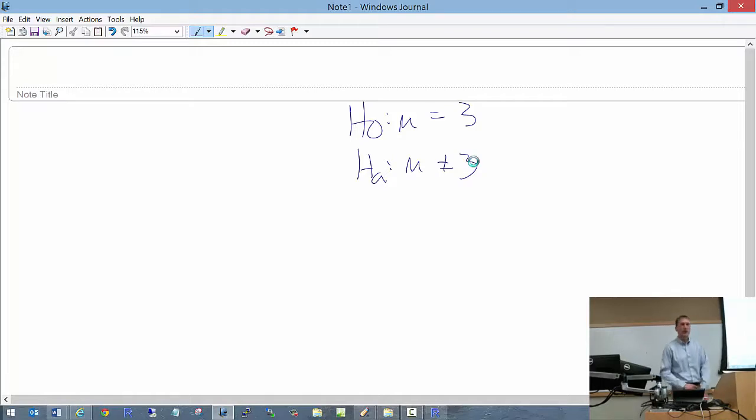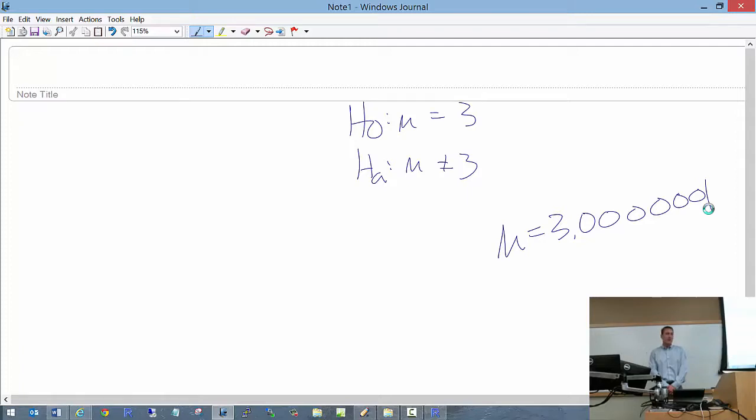Okay, so you would do the test using methods that you've had in other classes. Now let's say that somehow I also truly know that the mean is this. Ideally, you would like to reject H0 here, right? Because the mean is not 3.0. But in a practical sense, does it really matter?